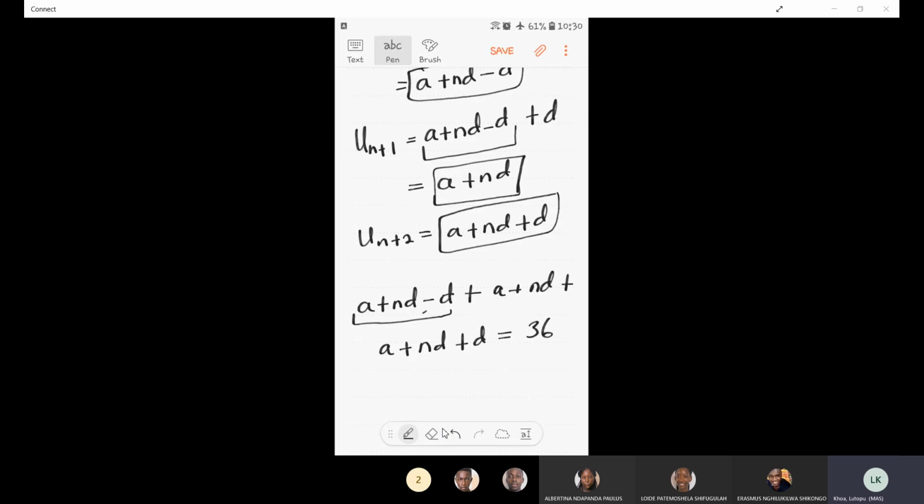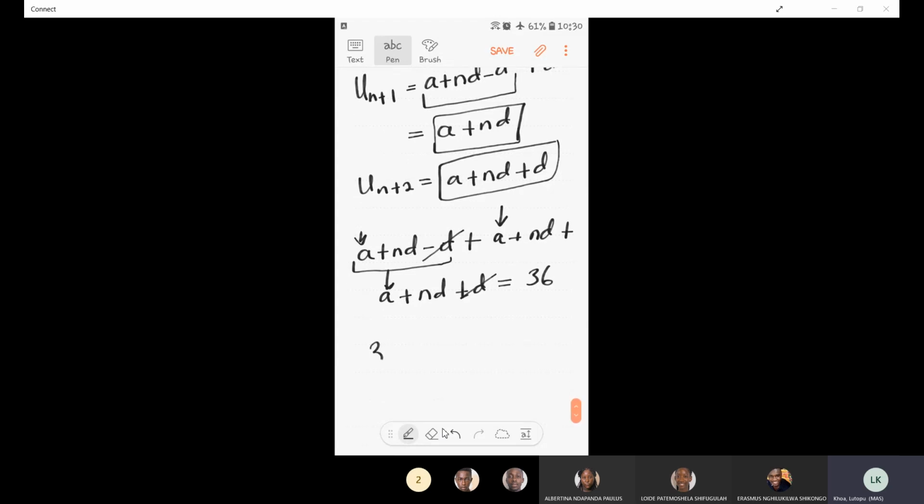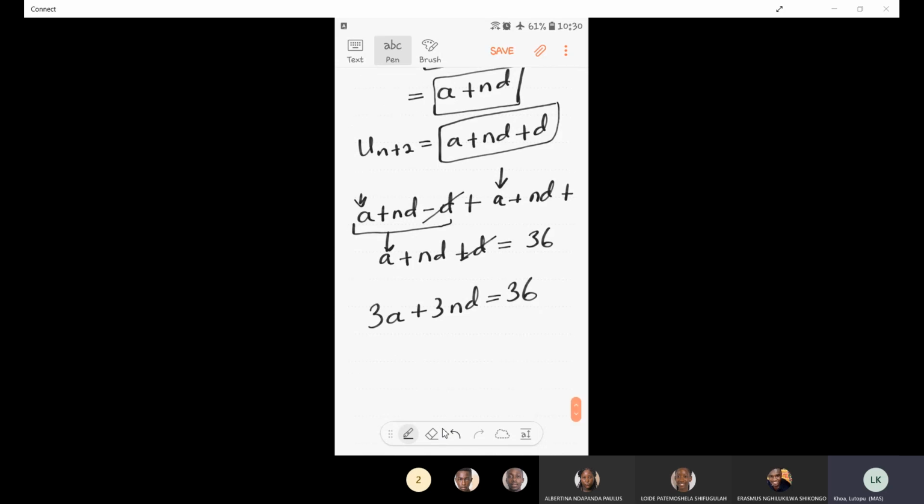Now you can see here I have minus d and d, those two will cancel out. Then I have a and a and a, this is 3a. And then I have nd, nd, and nd, so there's three of them, plus 3nd, this is equal to 36. Then I can divide throughout by 3. So I have a plus nd is equal to 12. Now this is my first equation that I will use to solve simultaneously.